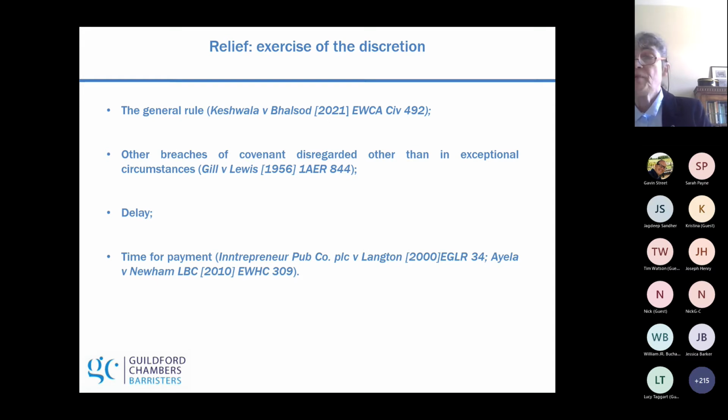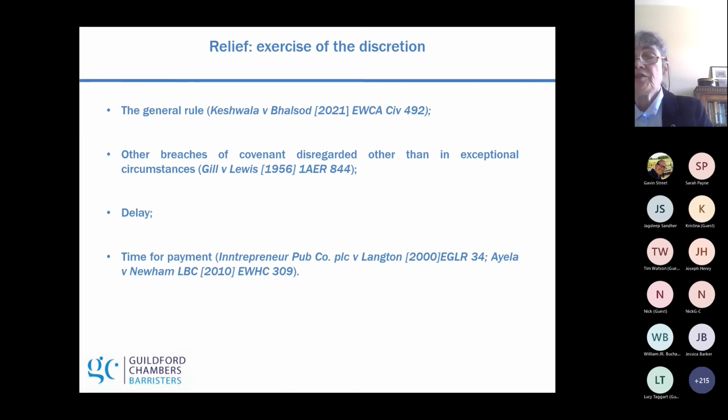The judgment of the Court of Appeal, though, is worth reading for the explanation of the jurisdiction and discretion to grant relief. Lord Justice Nugee, in the case of Keshwala and Balsod, stated the general rule that discretion to grant relief is exercised in the light of that principle that equity regards the right of re-entry as security for payment of rent, and so other things being equal, the court will ordinarily grant relief if the tenant pays all that is due.